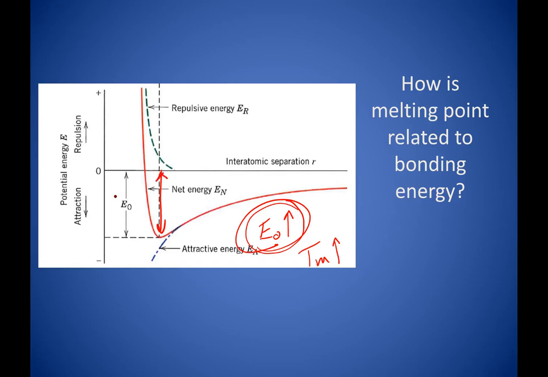We're taking the absolute value here of this well. So for a sample that maybe looks like this, if this is sample A and this is sample B, the melting point of sample B would be greater than the melting point of sample A, because the bond energy of sample B is greater than the bond energy of sample A. It has a much deeper well.